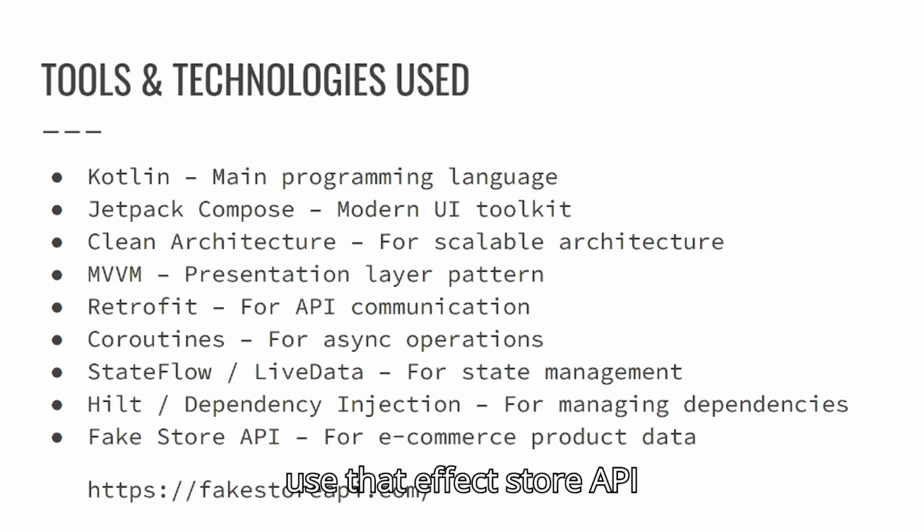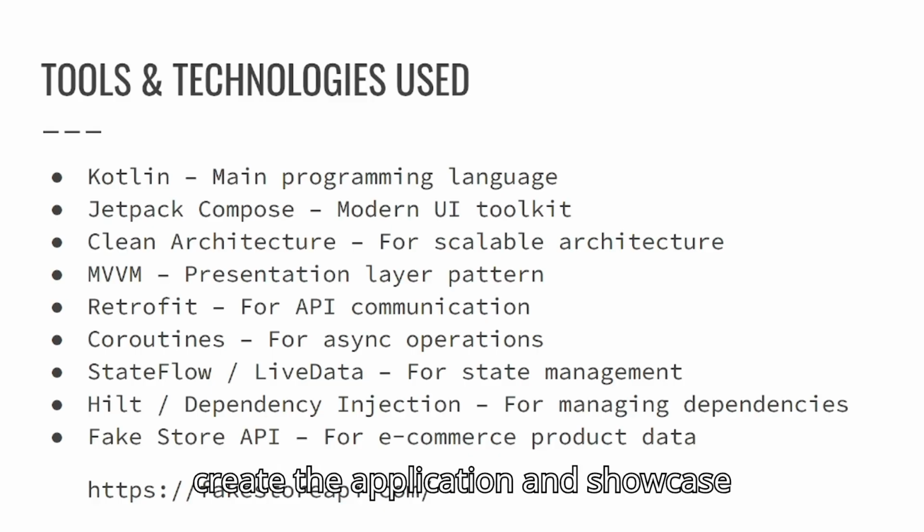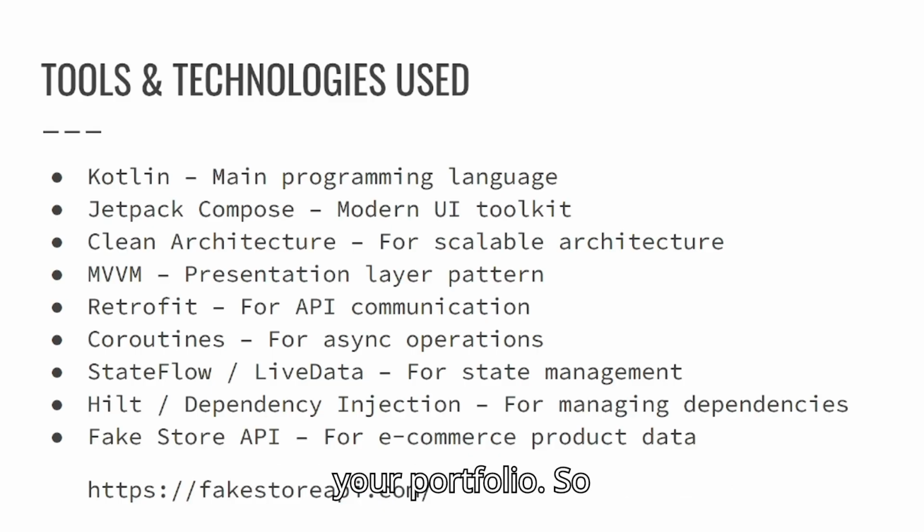And we use the Fake Store API that I previously showed for the REST API, so we need not create a backend, and using that we can simply create the application and showcase it in your portfolio. So that's it for this video.